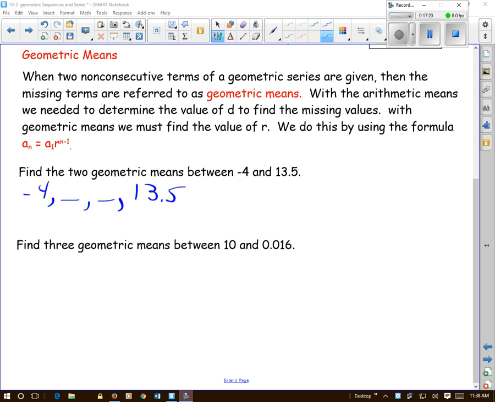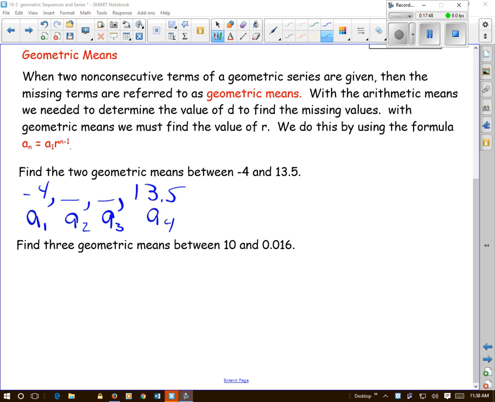Because to find what those values are, yesterday for the arithmetic, we had to find the value of d to get the arithmetic means. So here we have to find the value of r. So if this is a1, a2, a3, and a4.